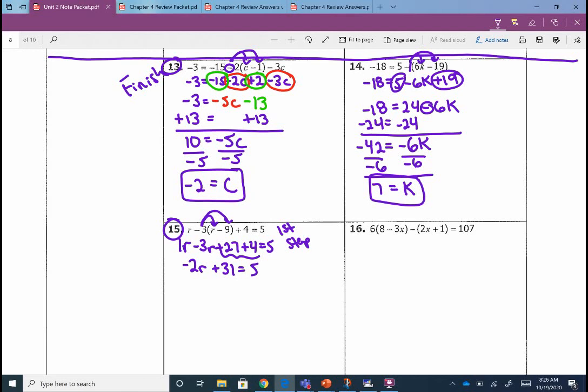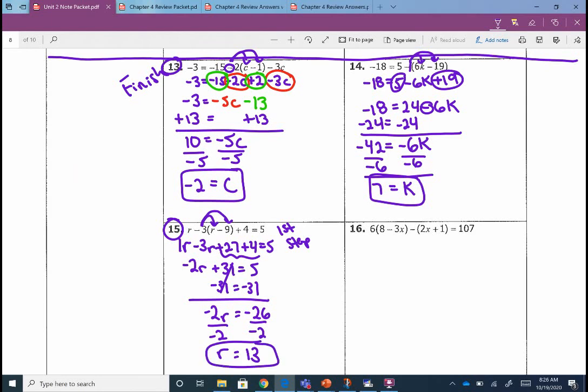You have to make sure you have a negative 2R. 1 minus 3 is negative 2. Subtract 31 from both sides. Again, we have to watch our signs. Positive 5 minus 31, we're going to get a negative 26. Watch your signs. Negative divided by negative, we're going to get positive 13.